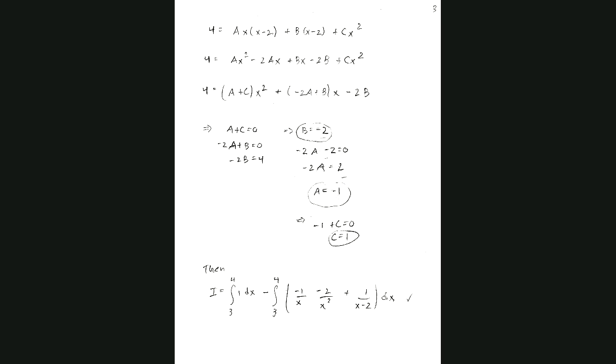So the first equation is what we had on the previous page. And then I'm going to distribute the Ax and the B. And then I'm going to group like terms together. Ax squared plus Cx squared could be expressed as A plus C times x squared.